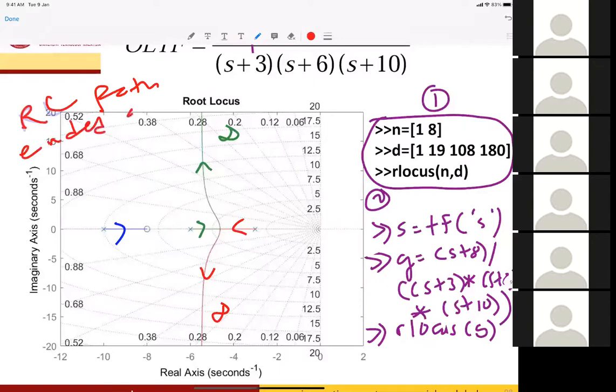Ended at infinity. How many? Two, this one and this one. And this one ended at zeros. Right?